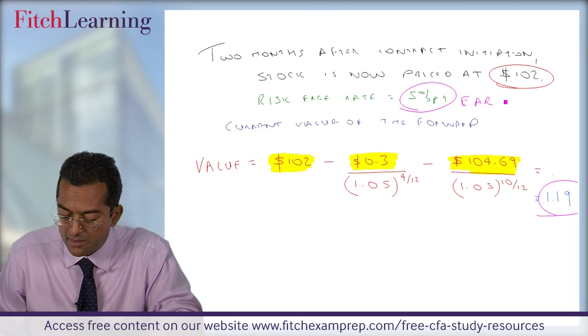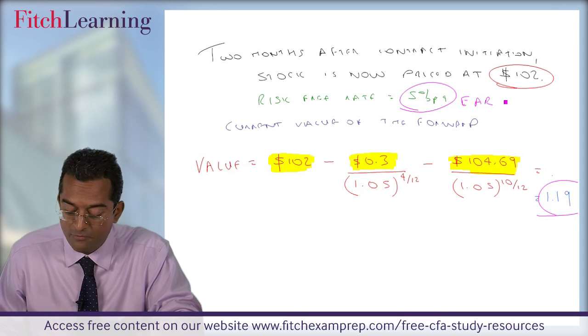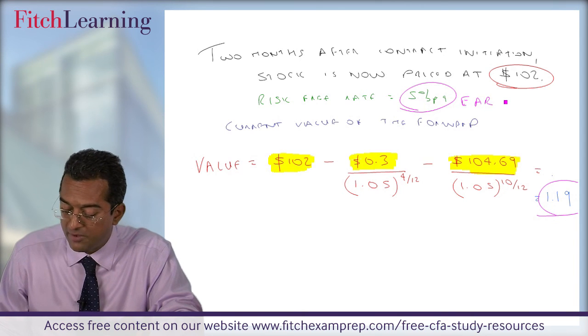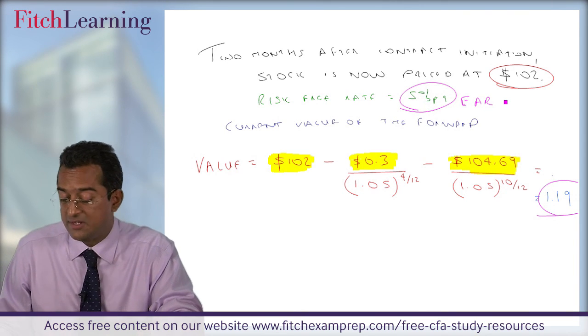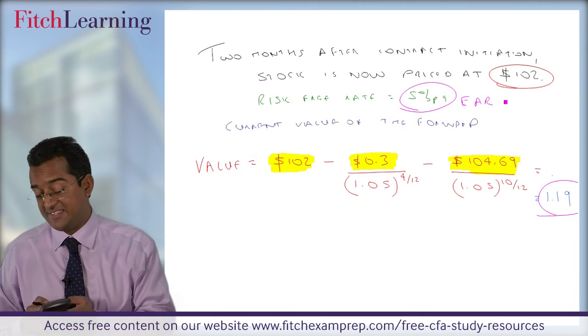For the dividend payment, which was 4 months away, we discounted by 4 months over 12, and for the forward price, which was 10 months away, we discounted by 10 months over 12, and that gave us this value of $1.19.